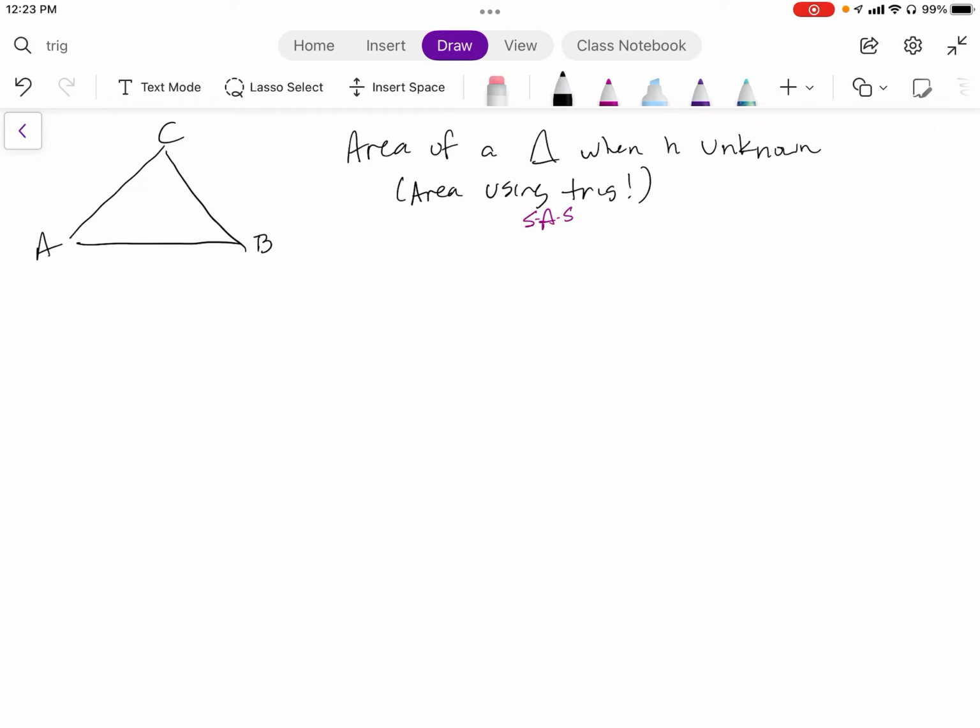Even if this were an obtuse triangle, A, B, C, or a right triangle, usually we let C be the right angle, this process would still work, and I'll demonstrate why, but let's first look at the generic first triangle I drew.